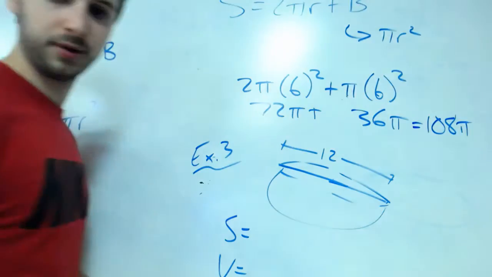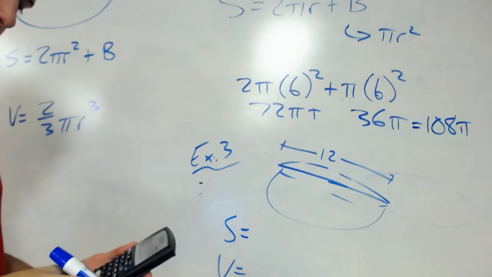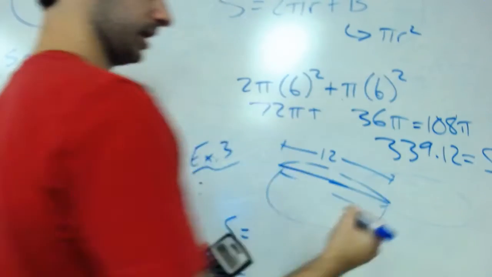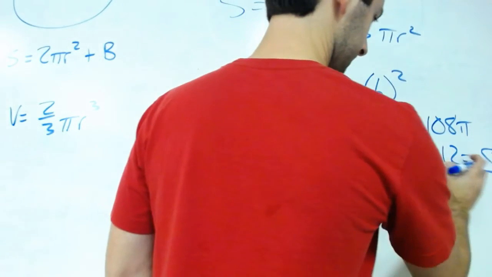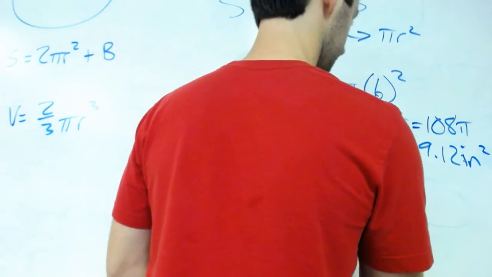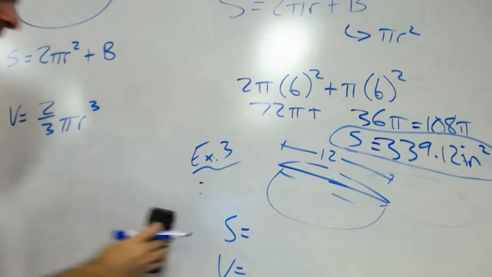I put that in my calculator, 108 times 3.14. Get 339.12 for my surface area. And I don't remember what it is. Let's call it inches. So it'd be inches squared, since we're referring to surface area.